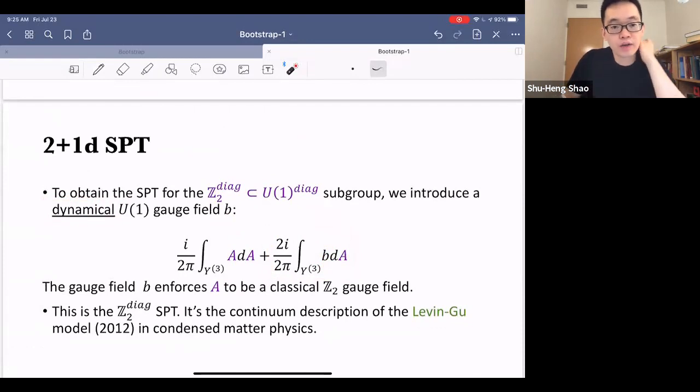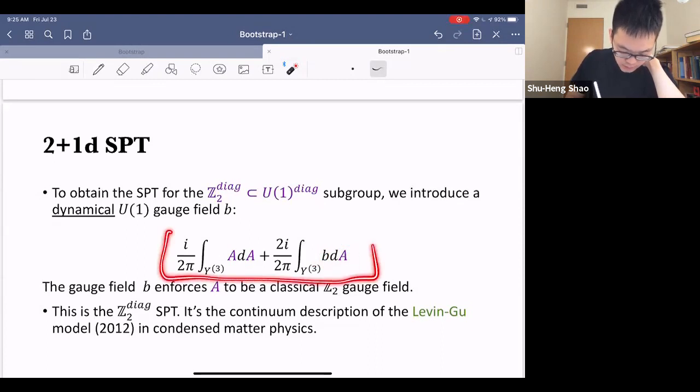And that has the effect of reducing the U1 group to Z2. It's like a Higgs mechanism, except for the fact that this A is a classical field. So I use a lowercase letter for the dynamical field, which we integrate over, and the uppercase for the classical field. This is the answer for the anomalous Z2 SPT.